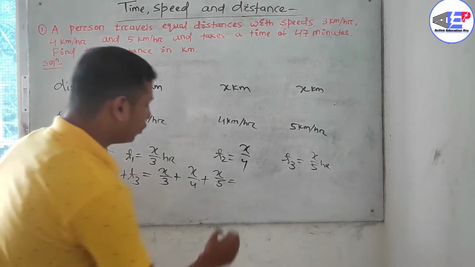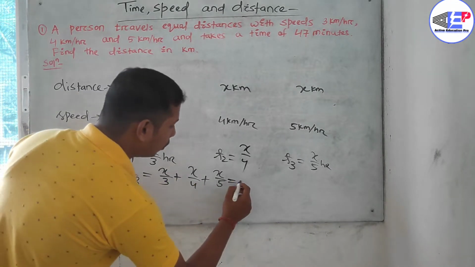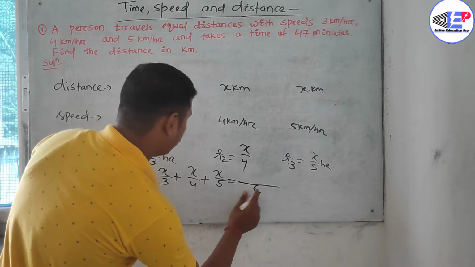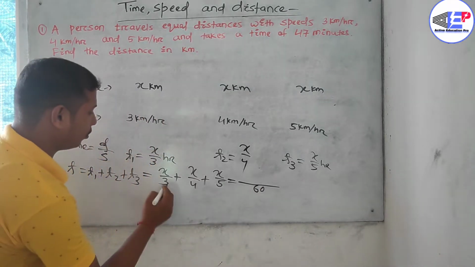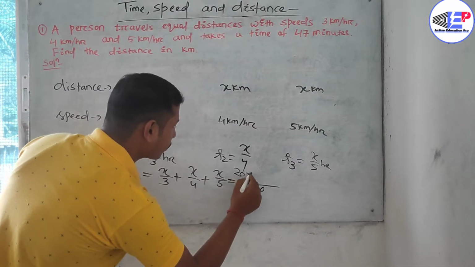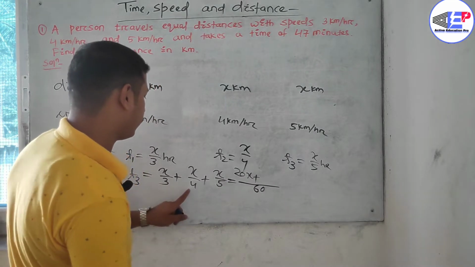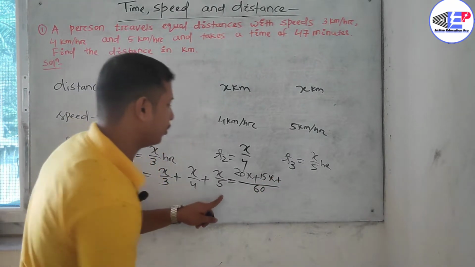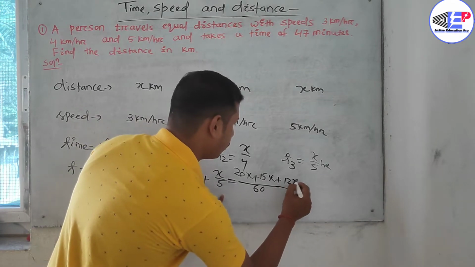The LCM of 3, 4, 5 will be equal to 60. So it will be equal to 20x plus 15x plus 12x.